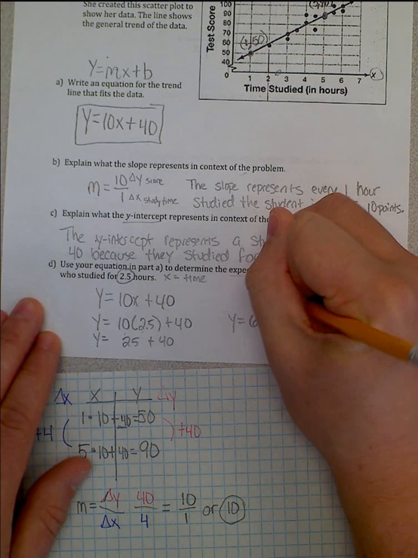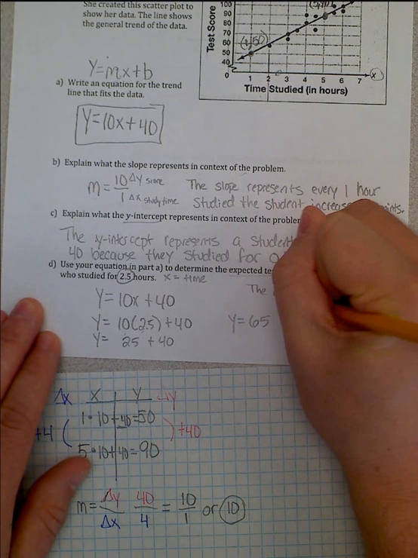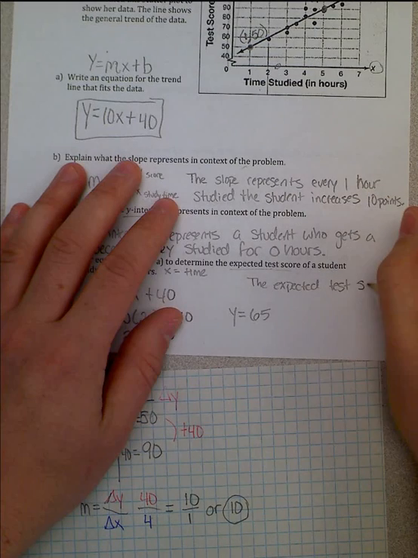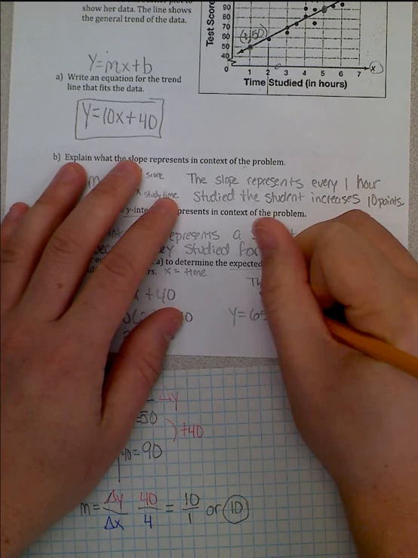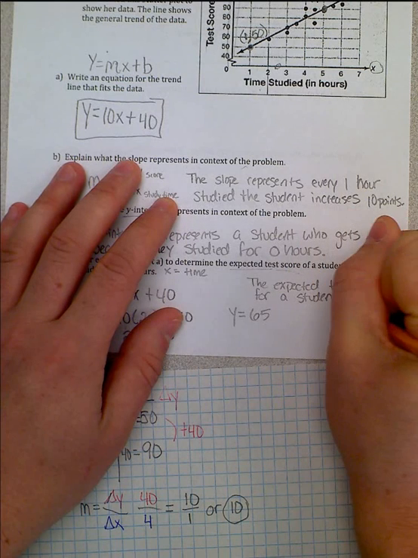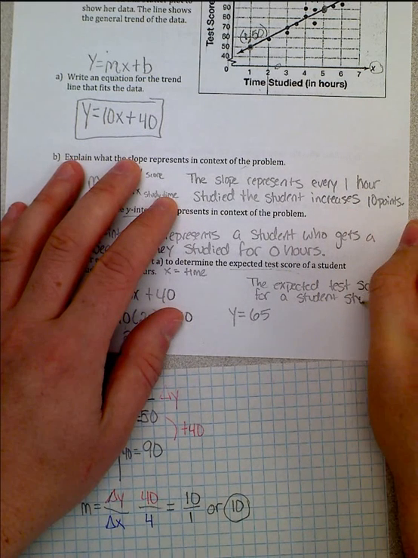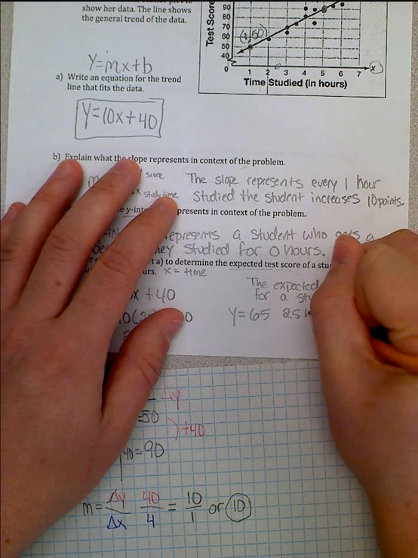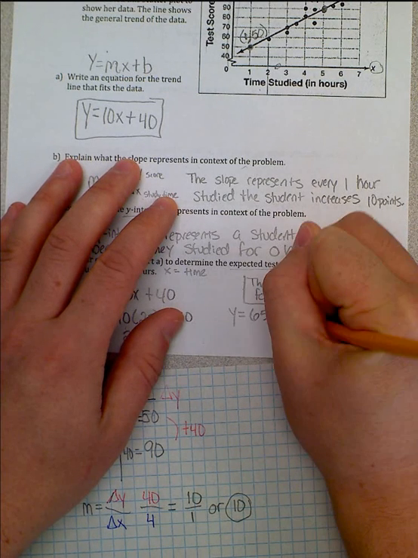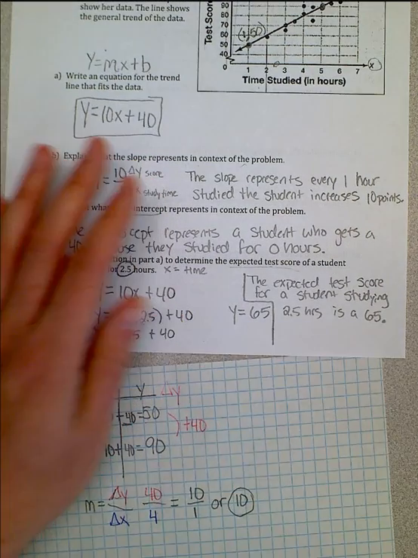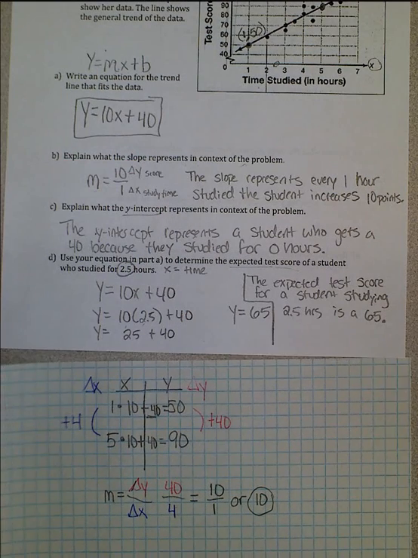So we can say the expected test score for a student studying 2.5 hours is a 65. And we're all set.